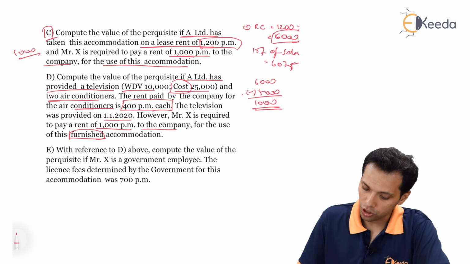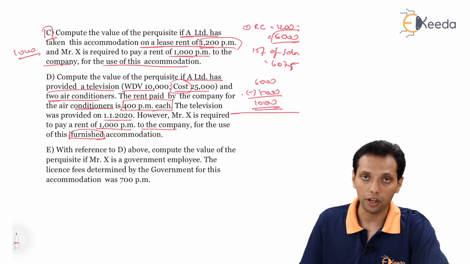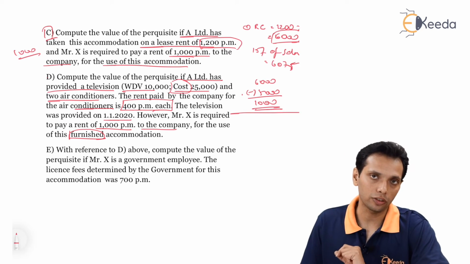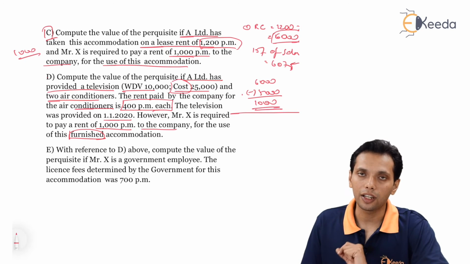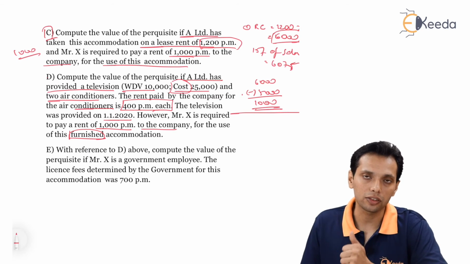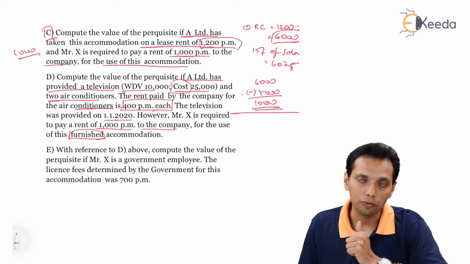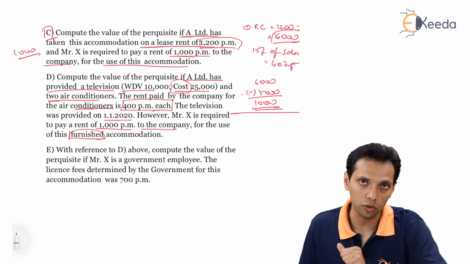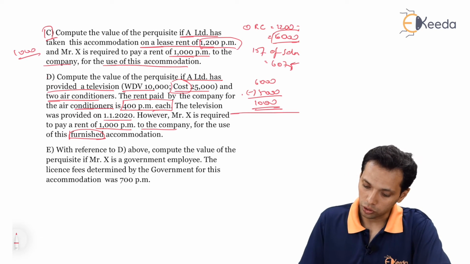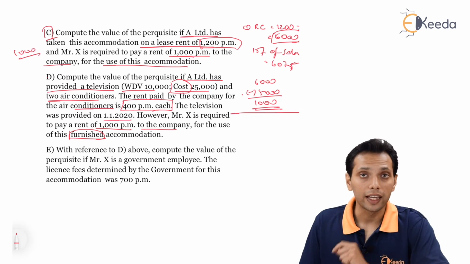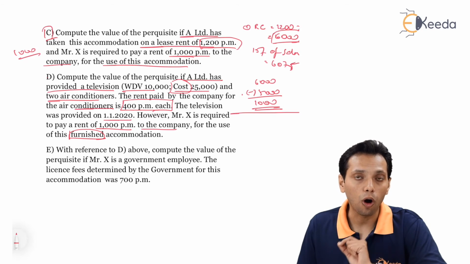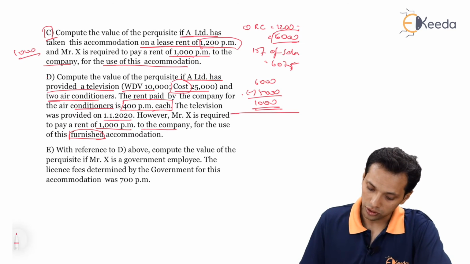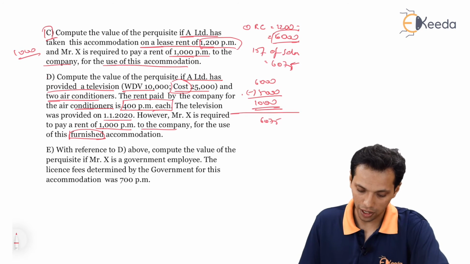Where the accommodation is owned by the employer, we have to consider 15%, 10% or 7.5% of salary. In this case, since the accommodation is in Mumbai, 15% of salary would be the perquisite value. So 6075, similar to the solution of part A. So 6075 is the perquisite value.